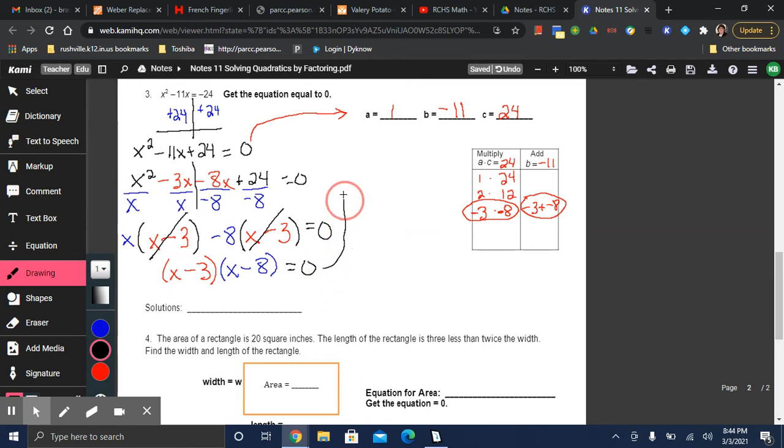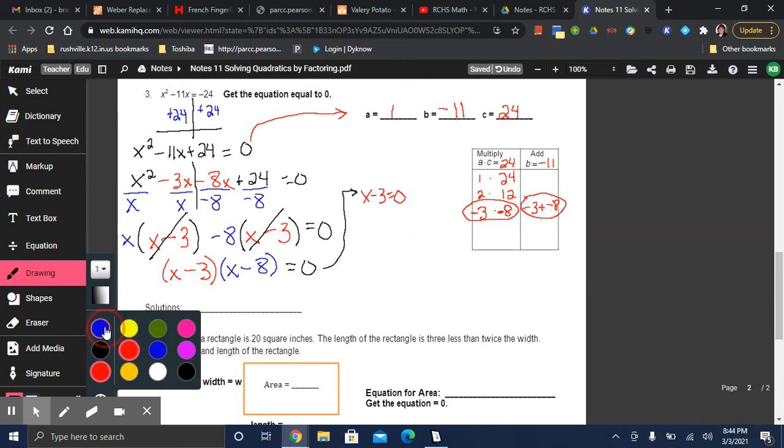So now I'm going to finish my work right here. I'm going to set each parentheses equal to 0, starting with x minus 3 equals 0, and then x minus 8 equals 0. So I'm going to solve individually.